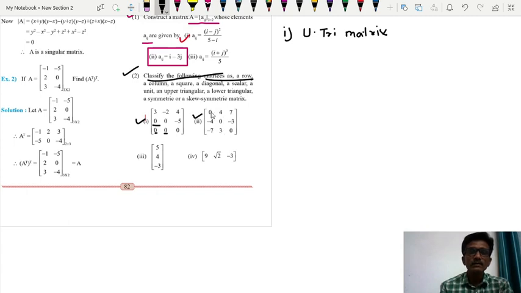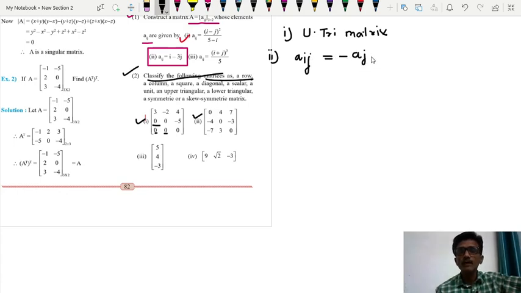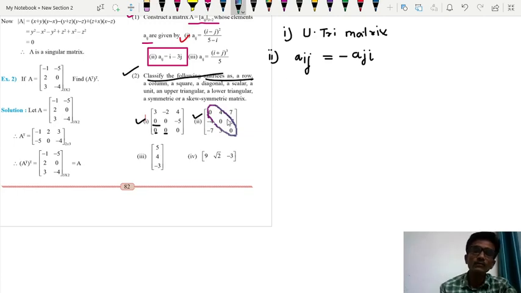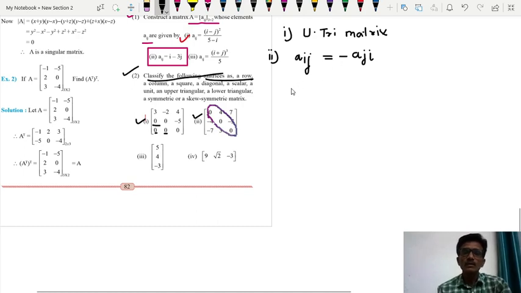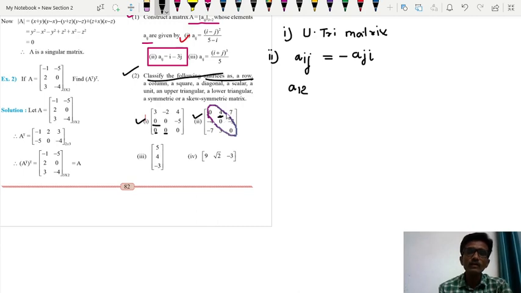Second, you will observe that Aij is equal to minus of Aji, and these diagonal elements are 0. See here, diagonal elements are 0. You can observe A12, that is the element of the first row and second column, and A21.